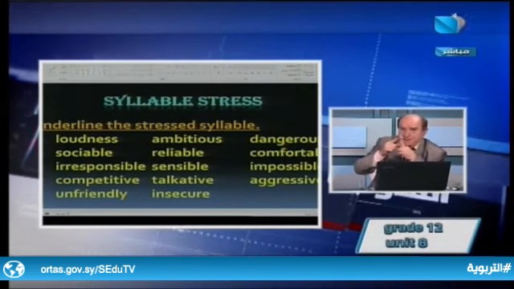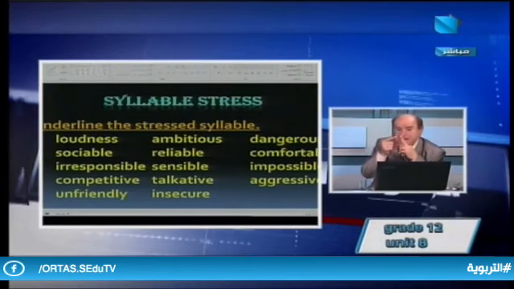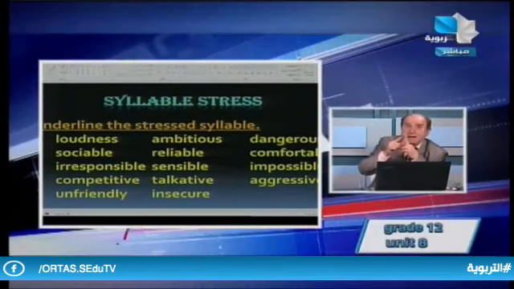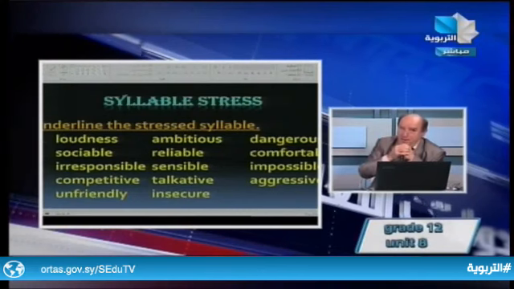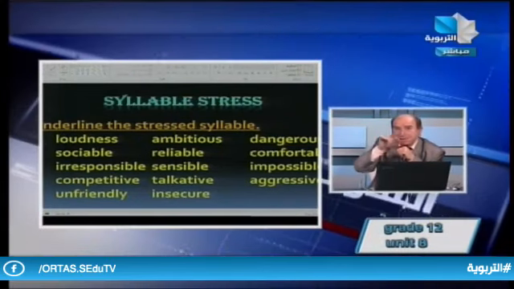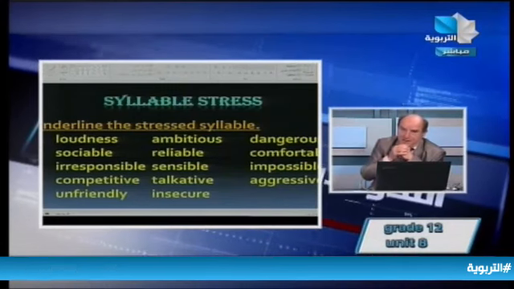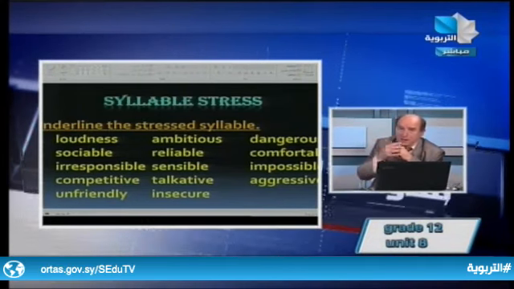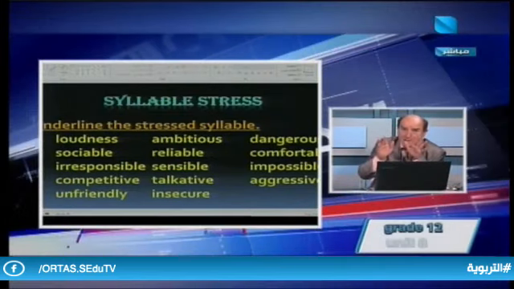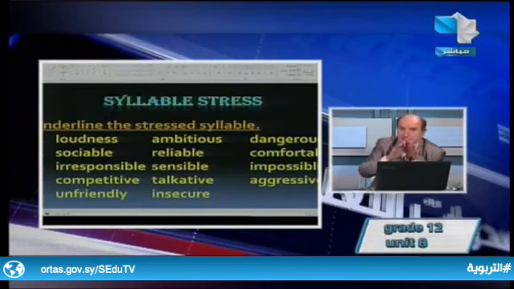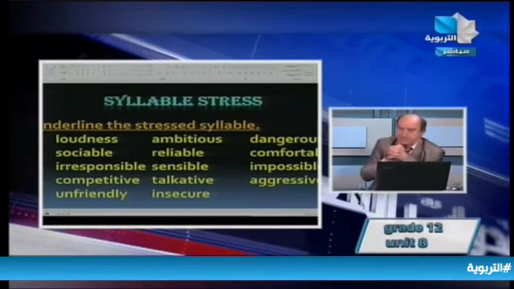When we have verbs that consist of two syllables, then the second syllable is usually stressed. This is not always, but usually. This is commonly speaking, because there are always exceptions for every rule. We need to learn the exceptions and the rule itself.